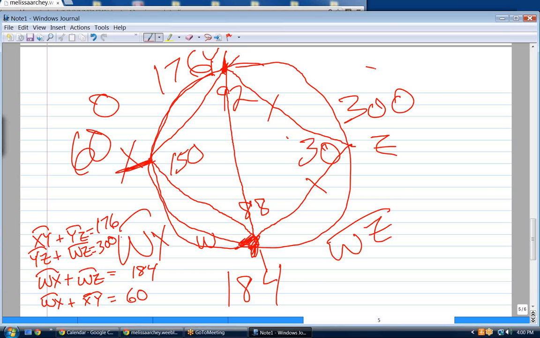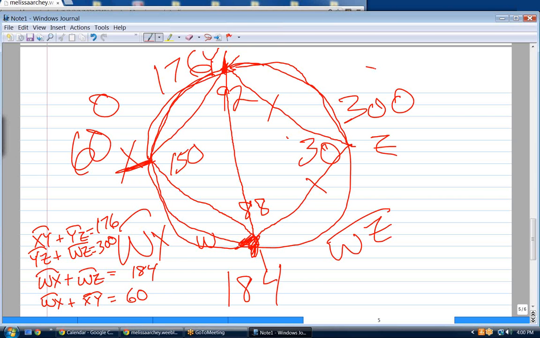Well, okay, let's take the top one that I wrote. XY plus YZ. XY goes from there to there. YZ goes from there to there. We've already figured out that that's 176 based on this 88-degree angle. Right. Okay.